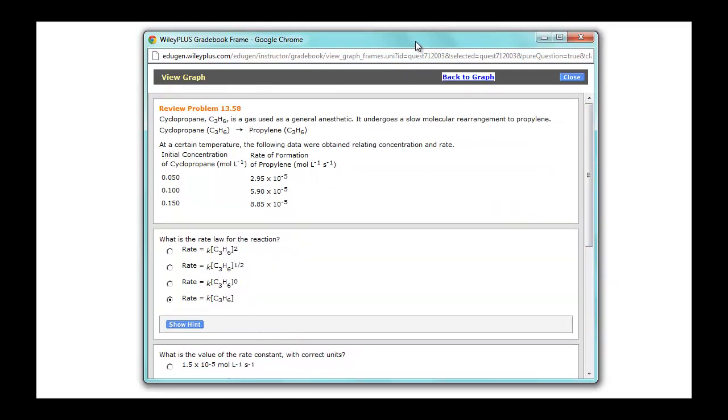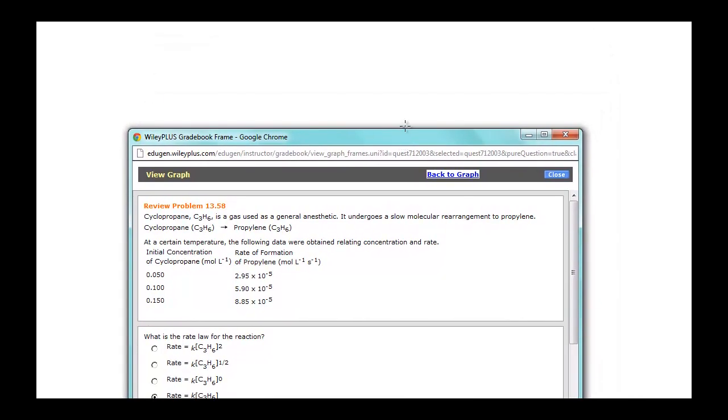So how do you set up this problem? Well, the first thing that you want to do is write down the rate law. You don't know what the exponents are going to be in the rate law, but you go ahead and write it down. So that would be rate equals the rate constant times the concentration of cyclopropane.